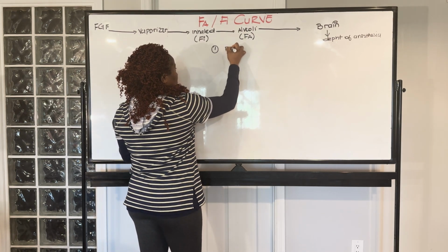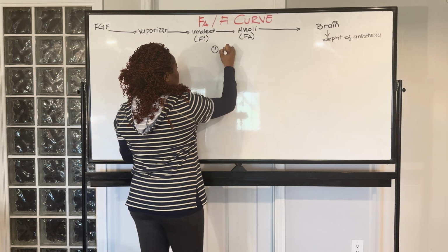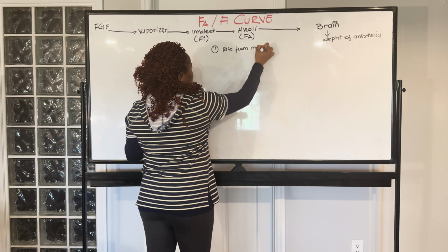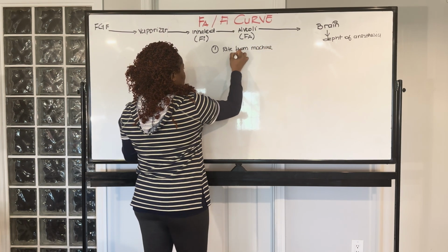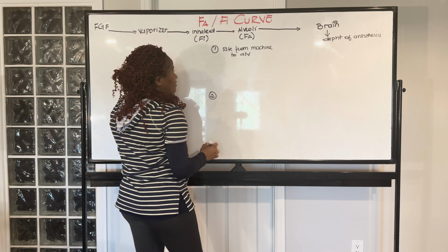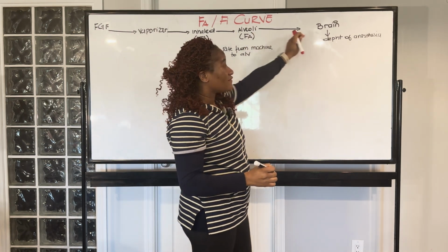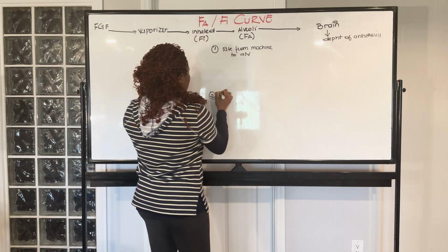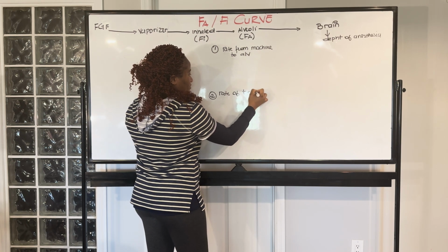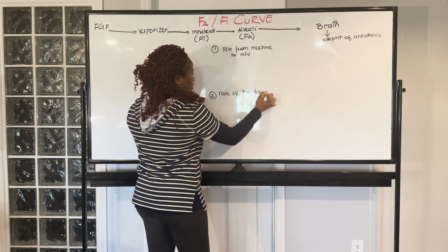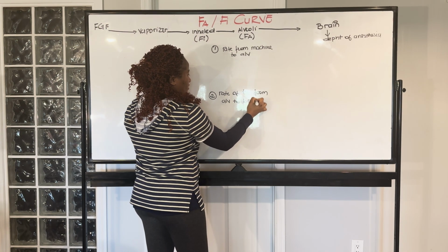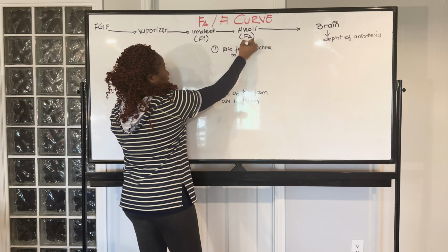And the second determinant is going to be the rate of transfer from the alveoli to the brain. So these are going to be our FA determinants.